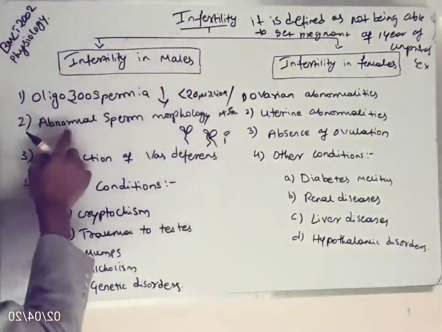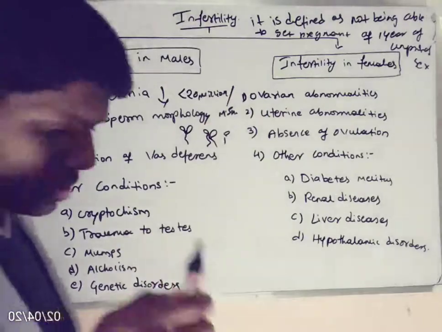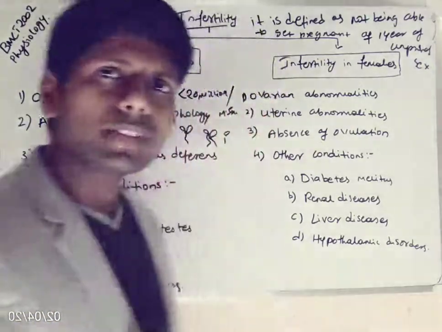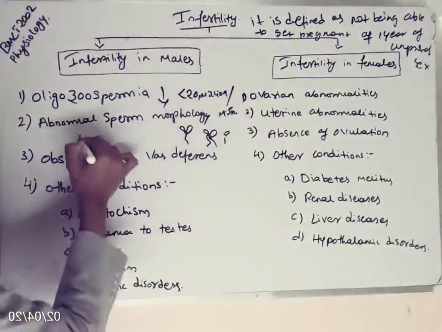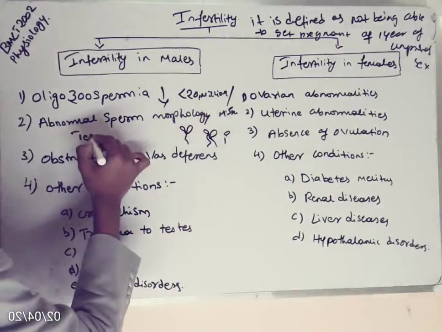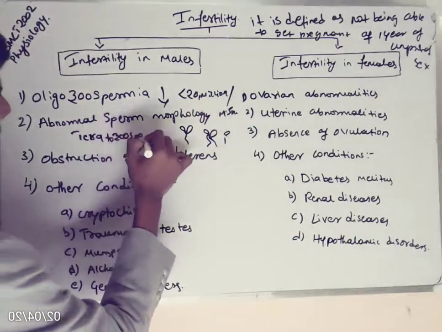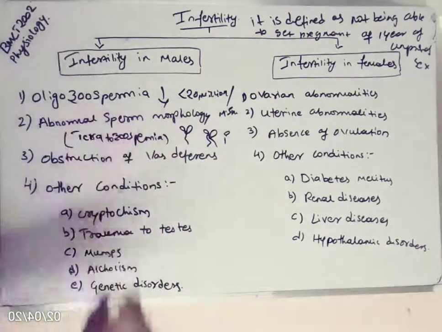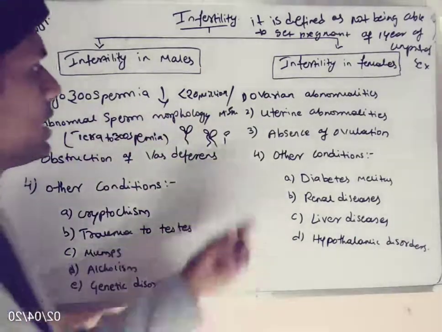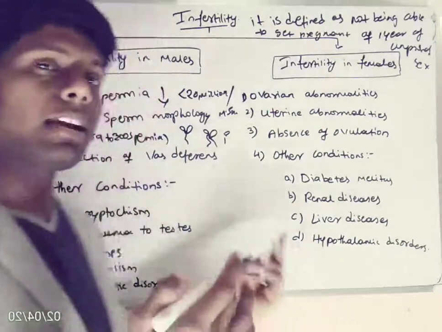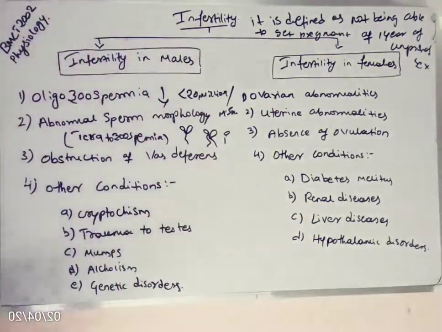That is called abnormal sperm morphology. The technical term for abnormal sperm morphology is teratozoospermia. So teratozoospermia also can result in infertility problems.